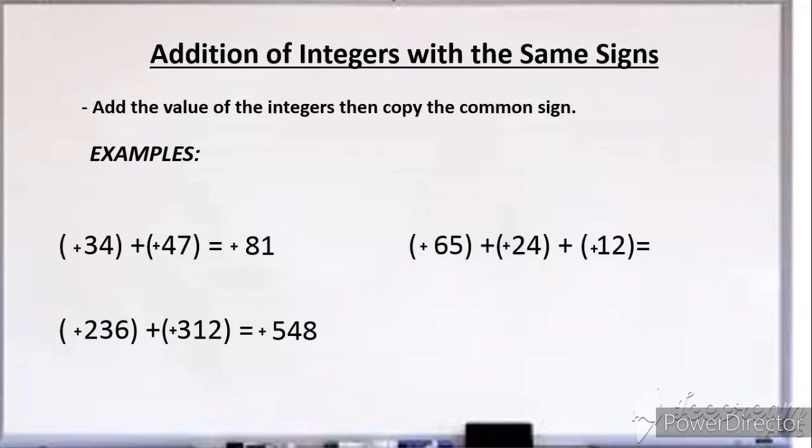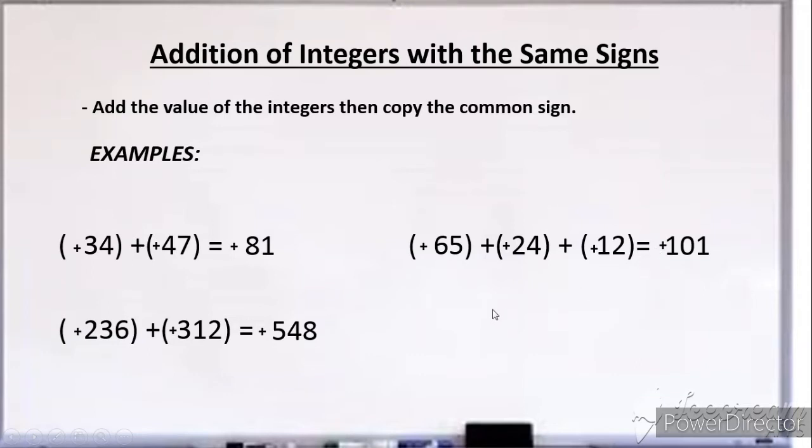Now let's have another example. Positive 65 plus positive 24 plus positive 12. So they are all positive, so you have to add 65 plus 24 plus 12, and that is 101, and then copy the common sign of the number.